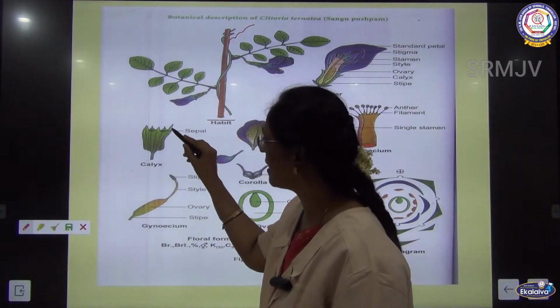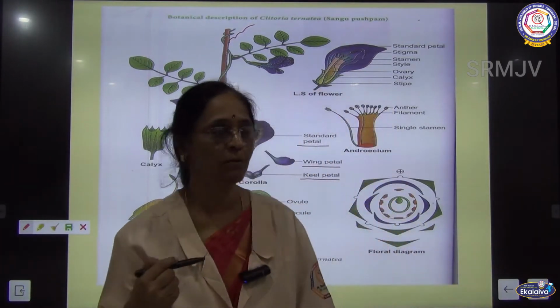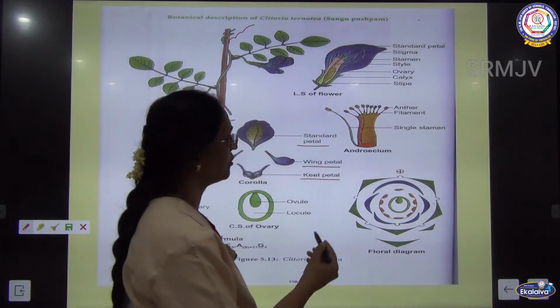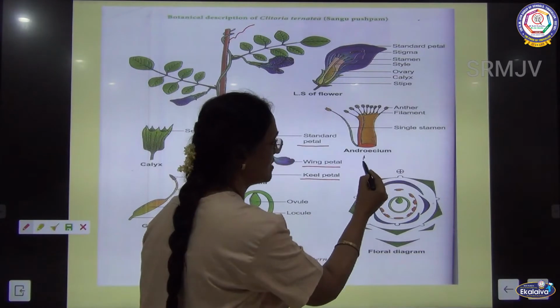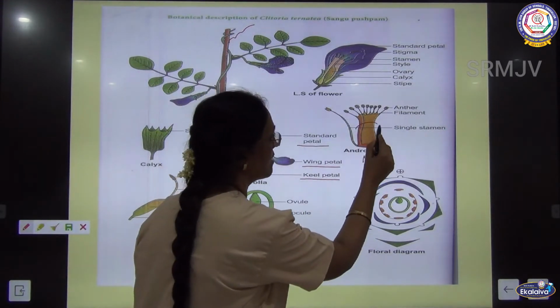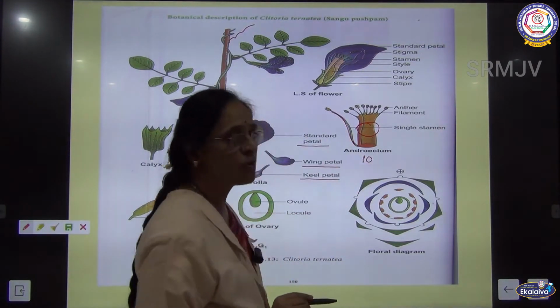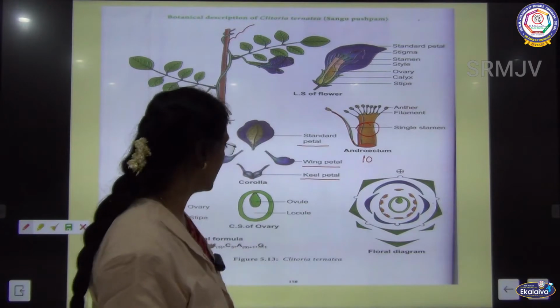The calyx is gamosepalous. And the androecium is in a diadelphous condition, where it has 10 stamens. Out of the 10 stamens, 9 form one bundle and 1 is free. So it is 2 bundles, a diadelphous condition.